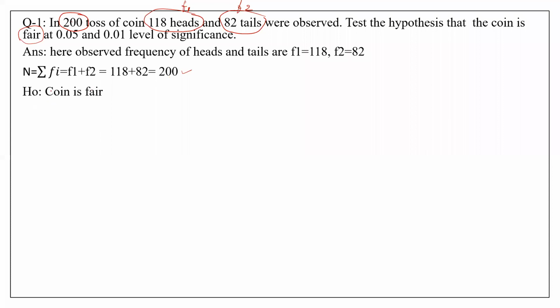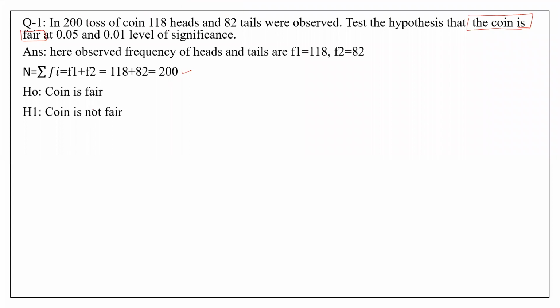Now in this case, make sure that when you decide your null hypothesis, whatever they have mentioned here, the coin is fair. You have to check whether the coin is fair. The same statement, you take it as the null hypothesis. If you want to check whether the coin is fair, then the coin is fair itself is your null hypothesis.